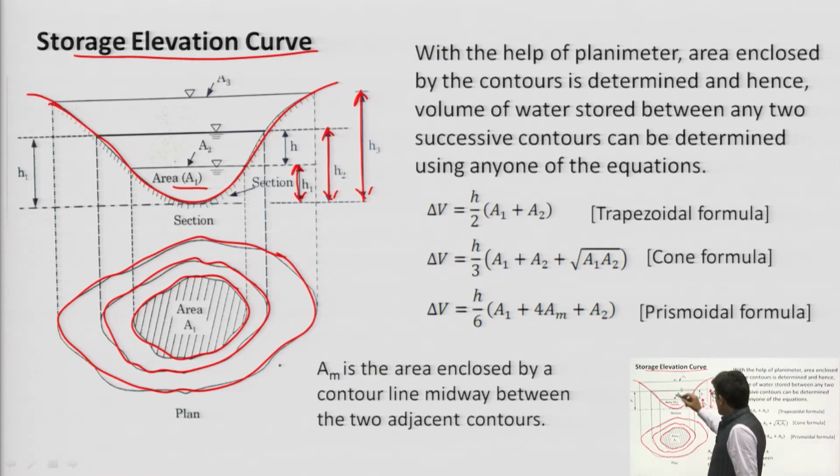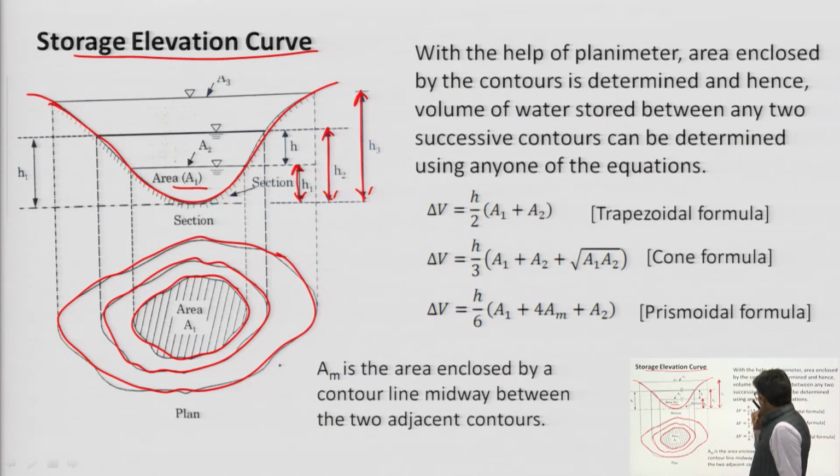That area can be calculated with the help of a survey and planimeter. With the help of a planimeter, the area enclosed by the contours is determined, and hence the volume of the water stored between any two successive contours can be determined.